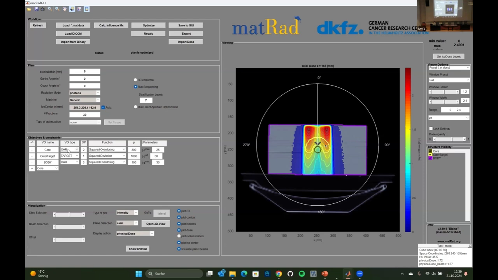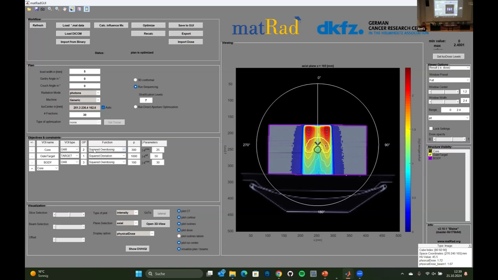Then in the other organs, we have squared overdosing, which means we measure only the quadratic term of positive differences. If the difference is negative, we throw it away, it's 0. But when it's a positive difference, where the value is higher than the reference dose, it contributes to our function.